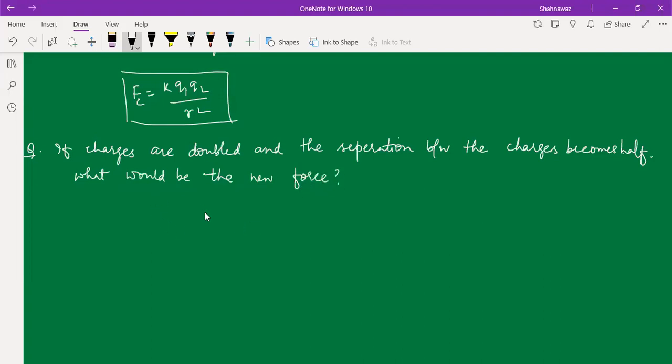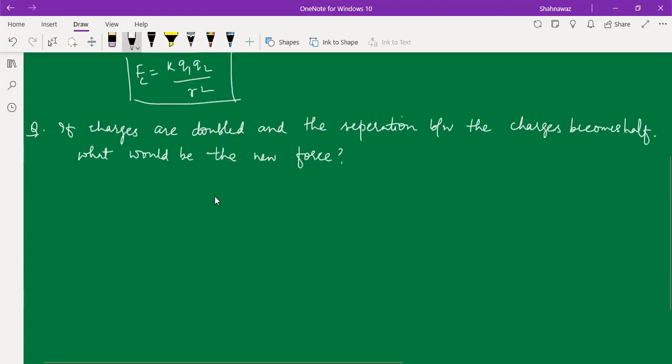We know the old force is this. So this was charge 1 and this was charge 2, and the separation between them was R. So the old force was K Q1 Q2 by R square.